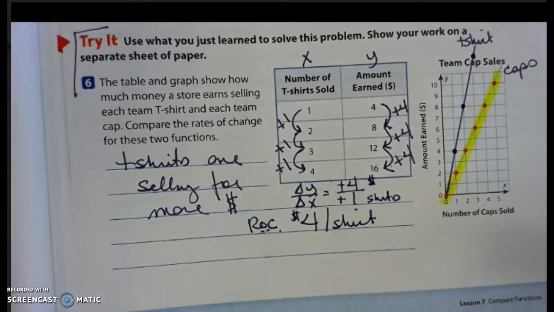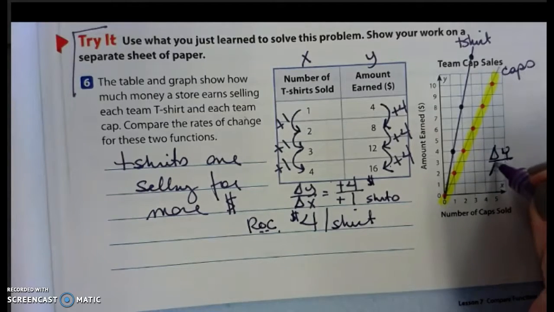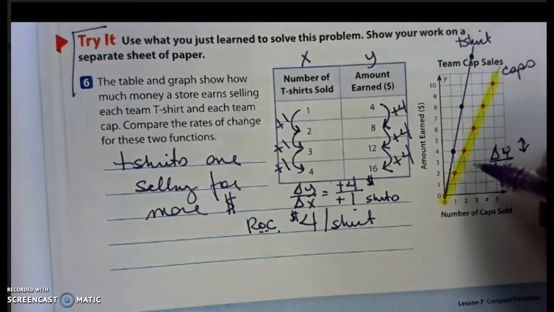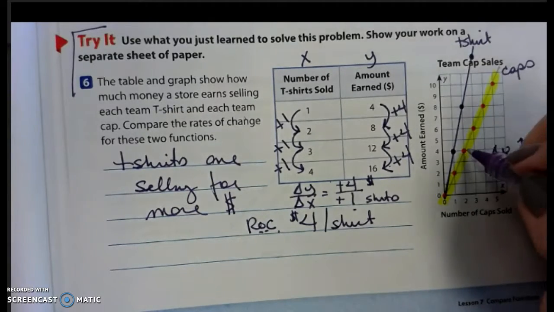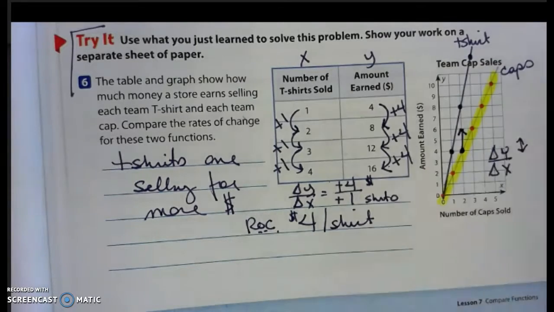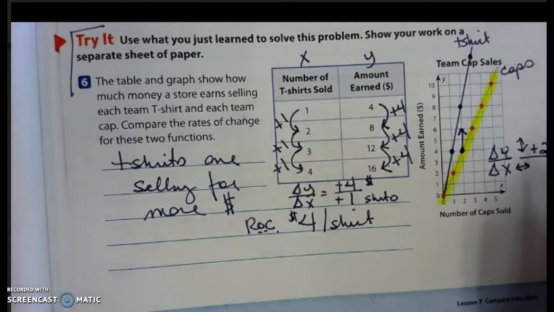Now, if we look at caps, we could still do our delta y over delta x. Okay, delta y is up and down. So if we pick a point, and it could be any point, I'm going to start here. What is my change from 4 to 6? It's plus 2. And then what is my change? This would be my horizontal change.